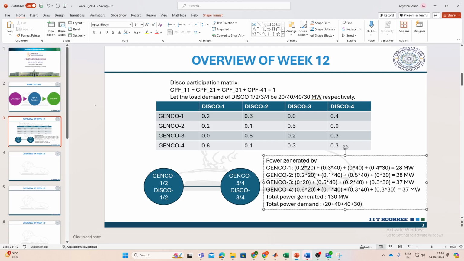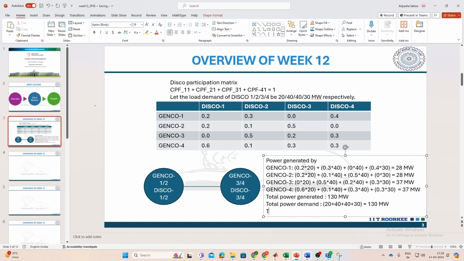So that is also equal to 130. So you can see that a power balance has been satisfied. That is, total power generated by the sum of GENCOs is exactly equal to the total power demand of each DISCO.